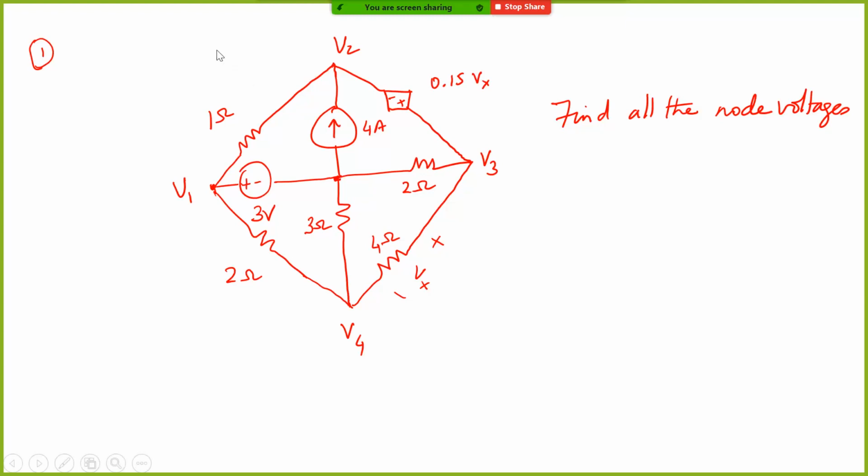So which two nodes form the supernode here? V1 and ground. Yeah, that is one. Is there any other supernode here? V2 and V3. V2 and V3, correct.